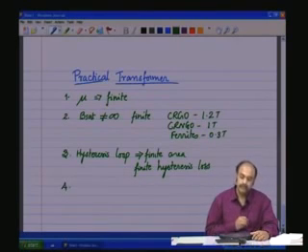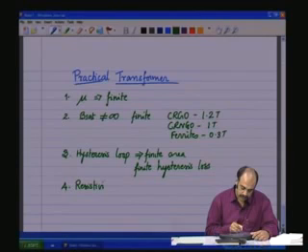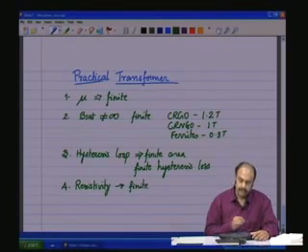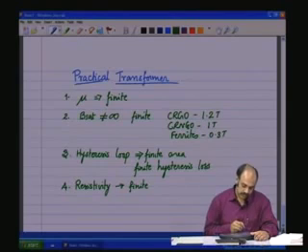And the fourth, the resistivity of the core material is not infinite but is finite, which means there is some finite eddy current loss.